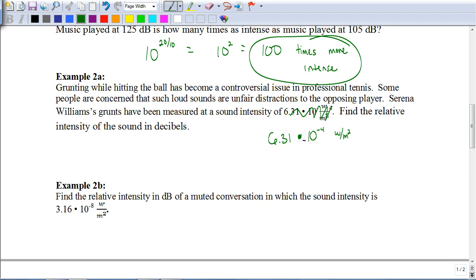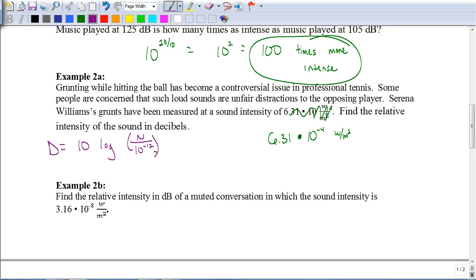We're going to find the relative intensity of the sound in decibels. So to do this, we're going to use that equation that we talked about at the beginning, which is this: D equals 10 times the log of n divided by 10 to the negative 12th power.